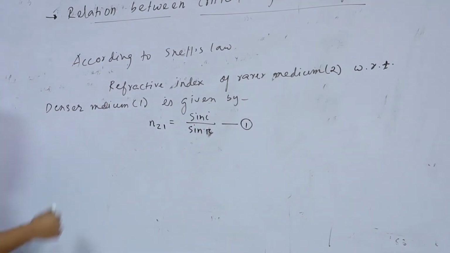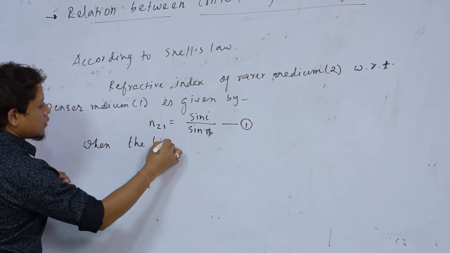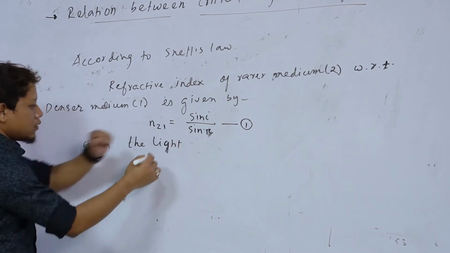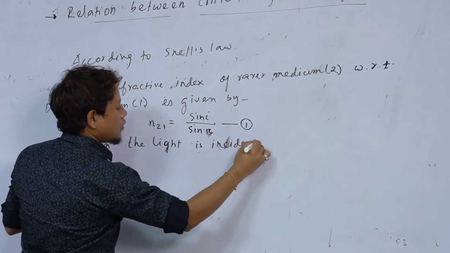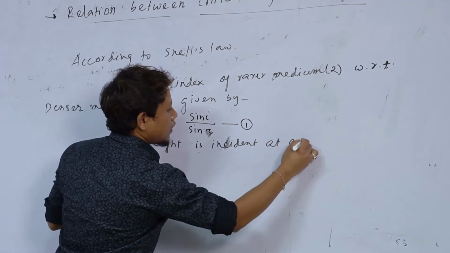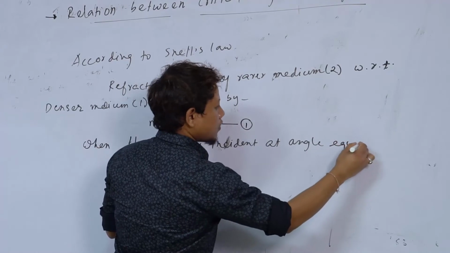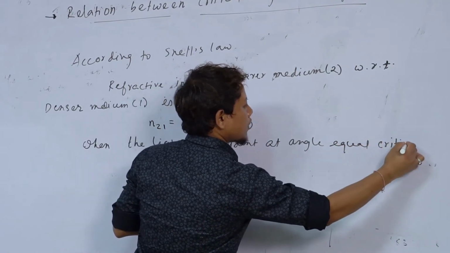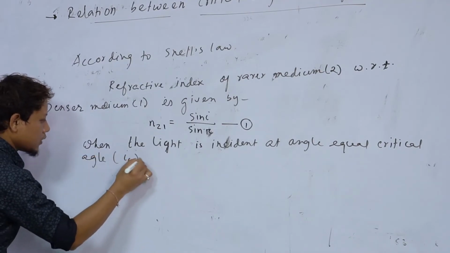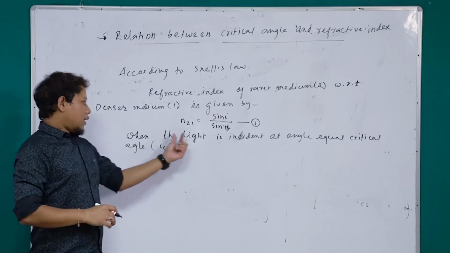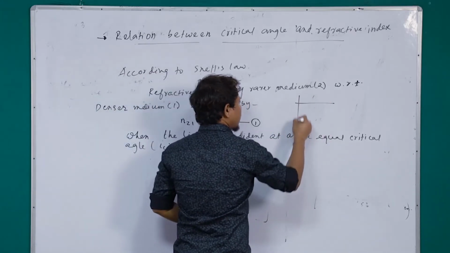So when the light is incident at an angle equal to the critical angle, here IC, the case is like this.